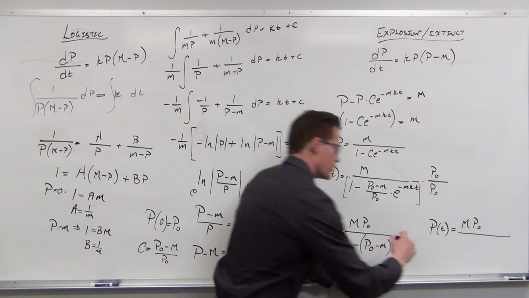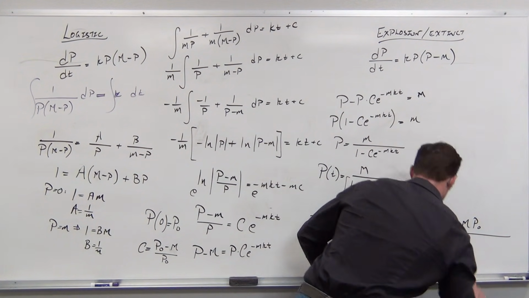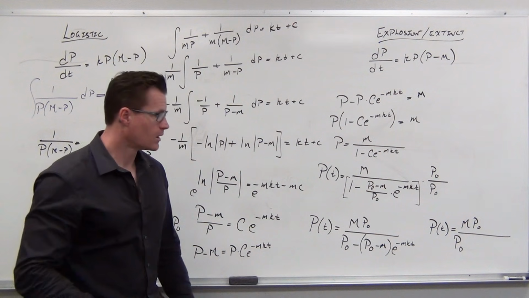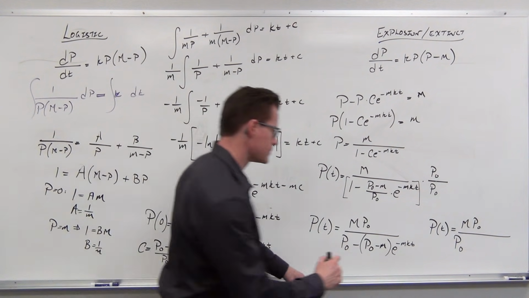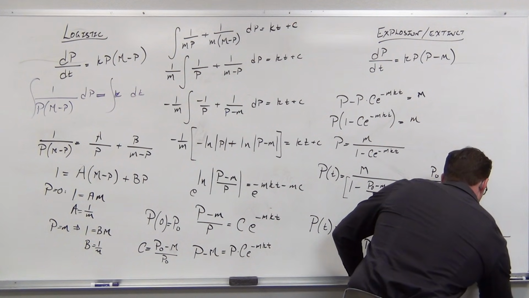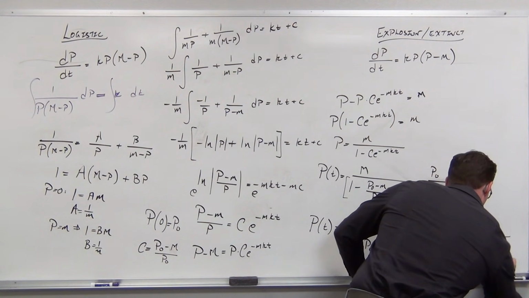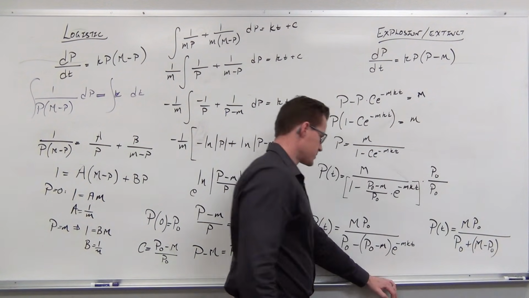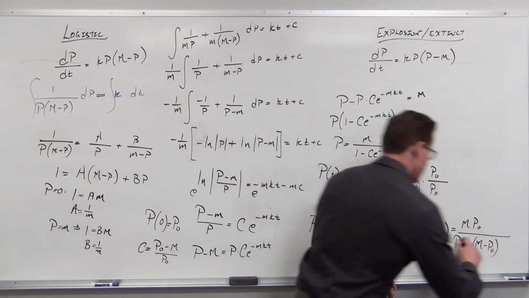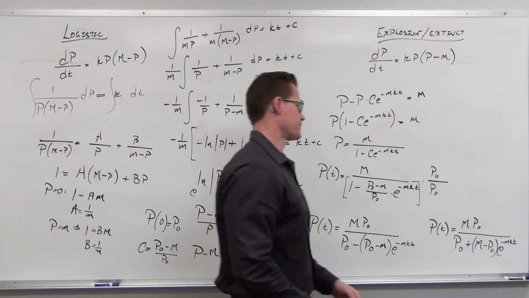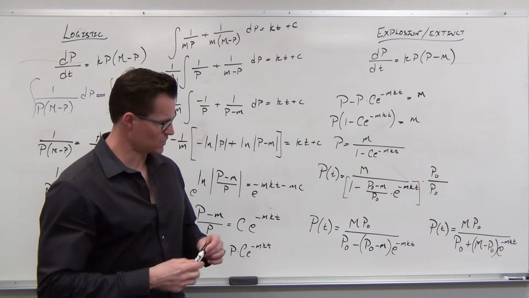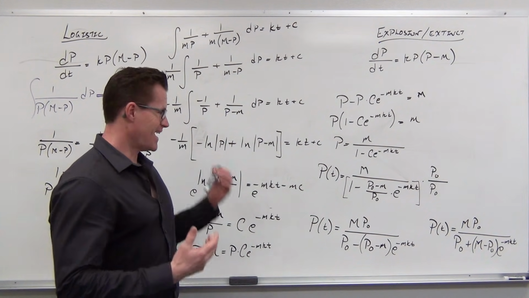So factoring that, that would be p sub 0 plus m minus p sub 0 e to the negative mkt. I go, how in the world is that going to help me see anything?